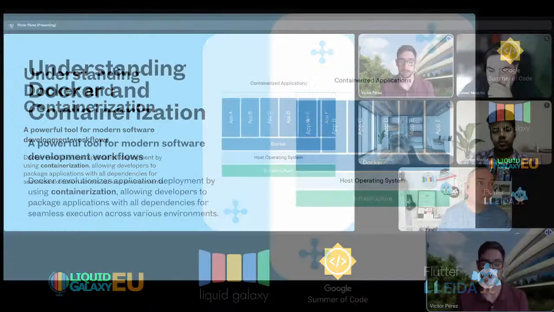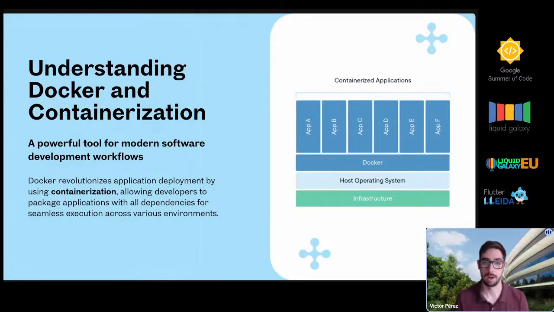In your particular case, you have your own development computer, your own development hardware, but then there is another hardware, which in this case is the Liquid Galaxy rig, which may have another operating system, another set of libraries, some sorts of dependencies that may conflict with the work that you have developed on your own development computer.